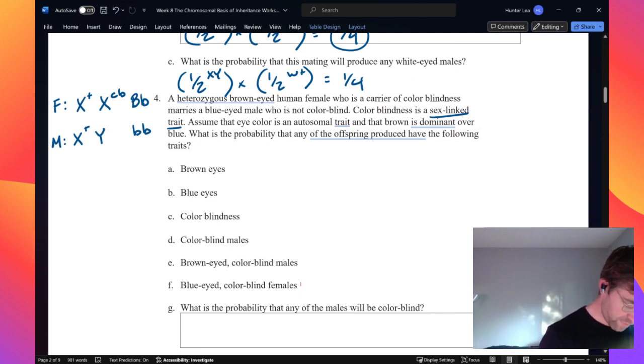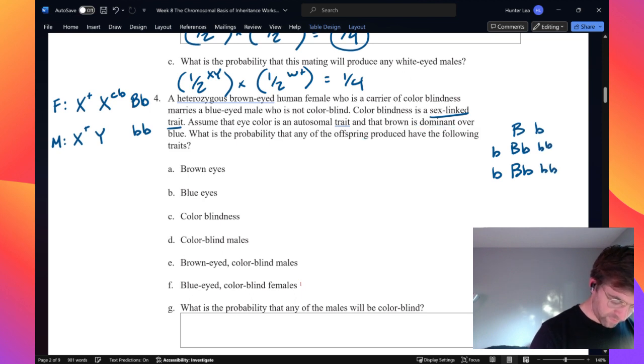So, what is the probability that any of the offspring produced will have the following traits? Brown eyes. Well, let's do our Punnett square for brown eyes. We've got big B, little b, little b, little b. Looks like 50%. For blue eyes, also looks like 50%.